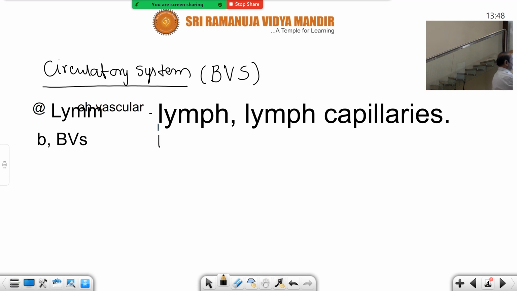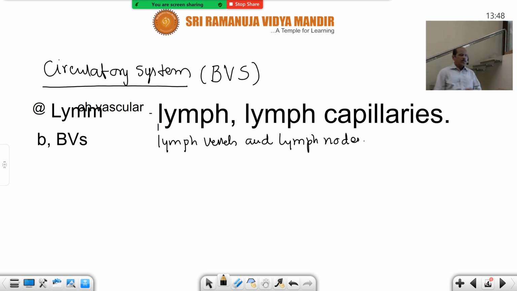Lymph capillaries, lymph vessels. Now it is okay. Lymph vessels, and lymph nodes. In frog only, you mention these lymph nodes. They are present and constitute the lymphatic system.